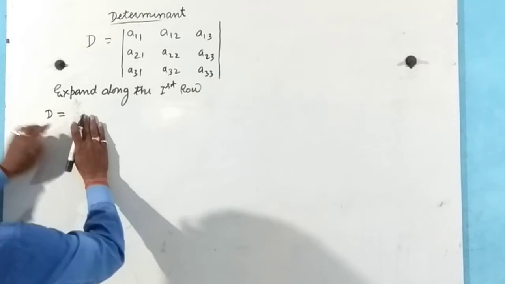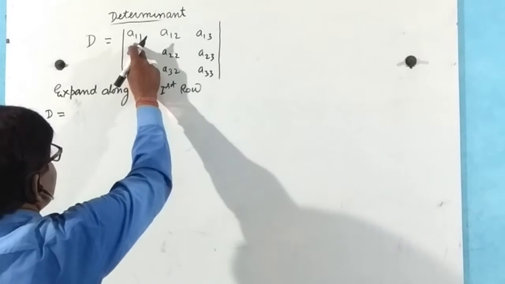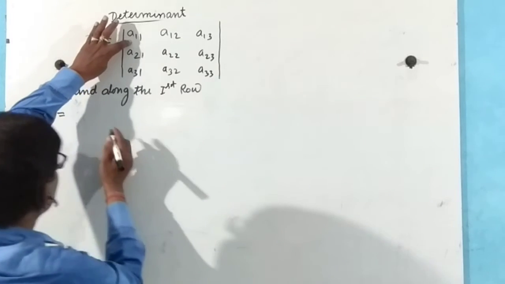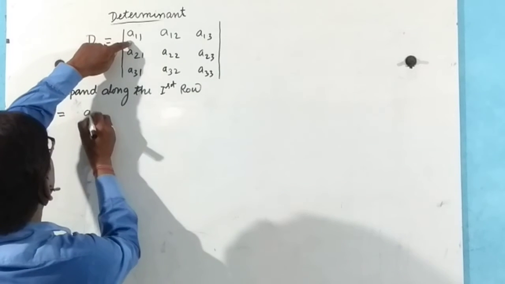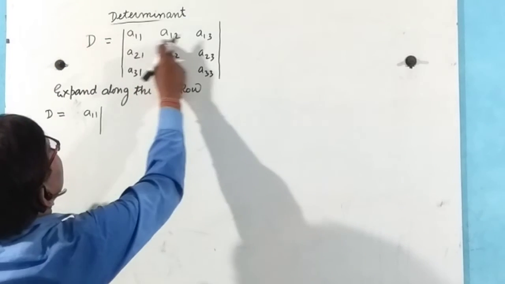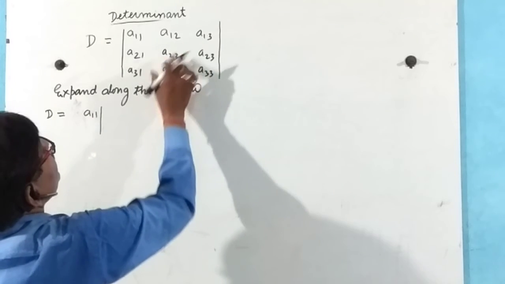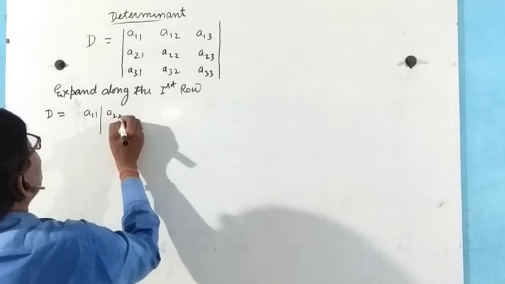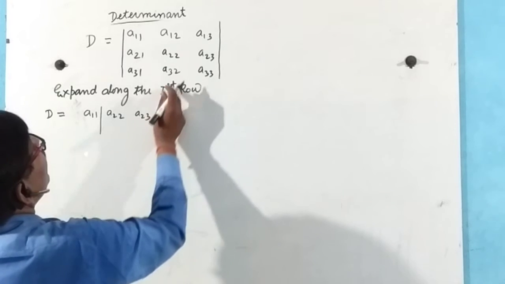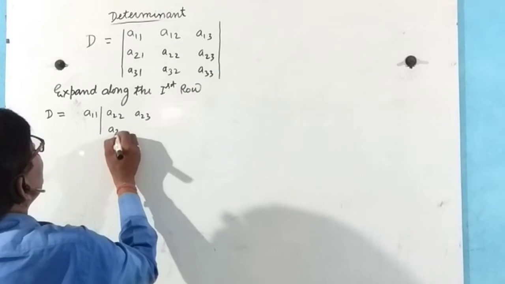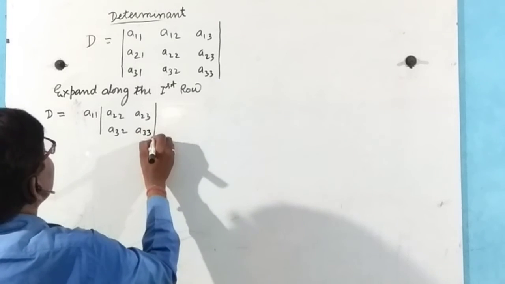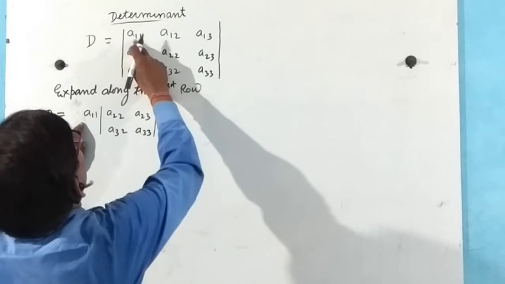In this case D, expanding along the first row, means A11 times the determinant left after deleting its row and column, which remains A22, A23, A32, A33.